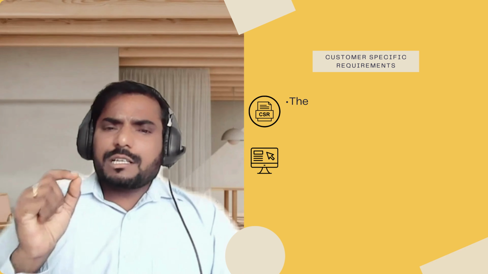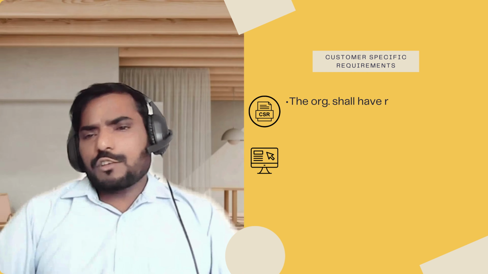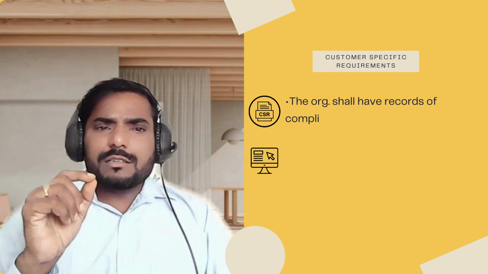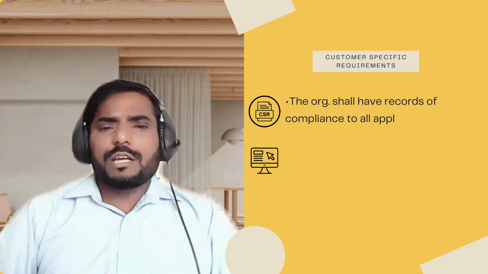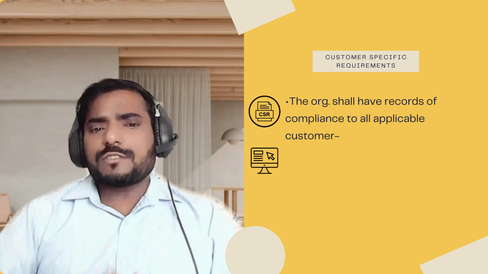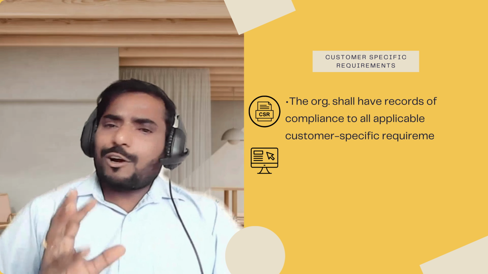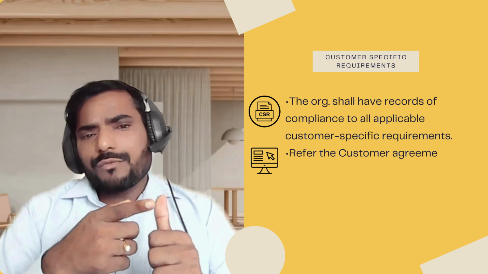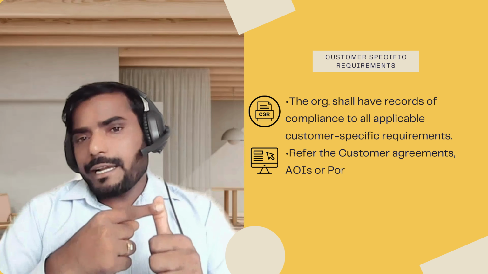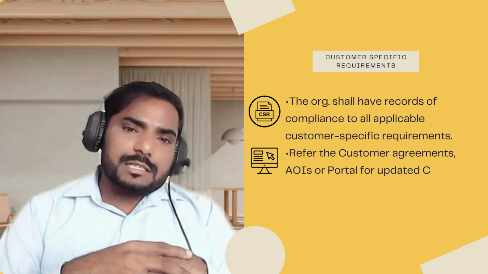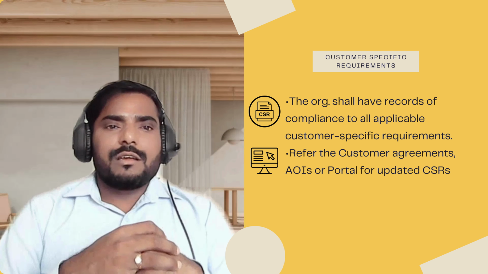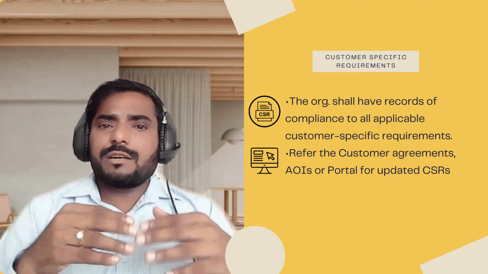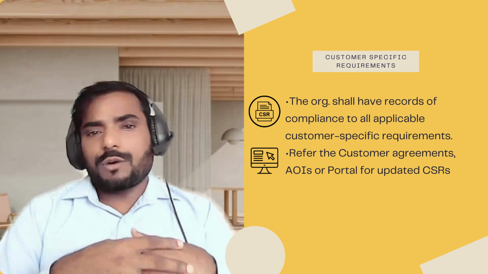Now talking about the customer specific requirement, this is a very important aspect. As an auditor, you should verify the customer specific requirements, how they are meeting the CSR. So what records you need to verify, what documents you need to verify. First thing is whether they have any process or criteria to capture the customer specific requirements. If they're capturing those requirements, then verify how they are meeting those requirements.